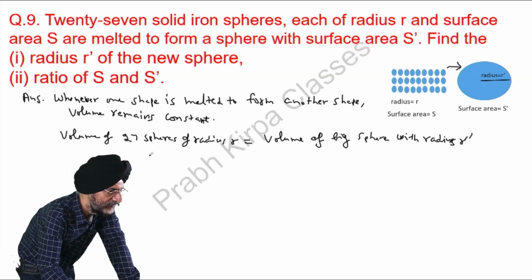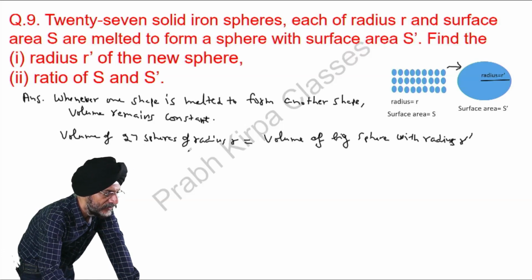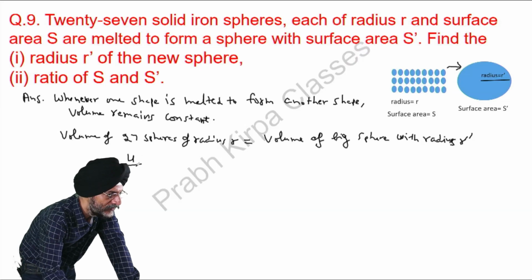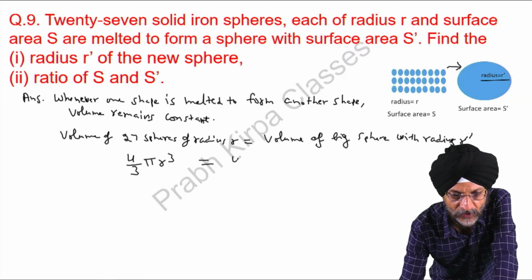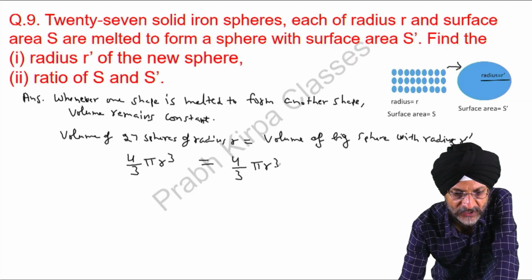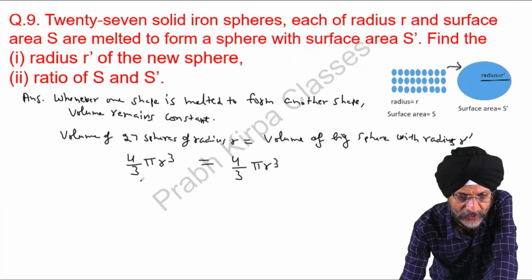So what is the value of the volume of this sphere? The formula is 4 over 3 pi r cube. Here the formula will also be the same, 4 over 3 pi r cube. This is the formula. We will put in the relevant values.